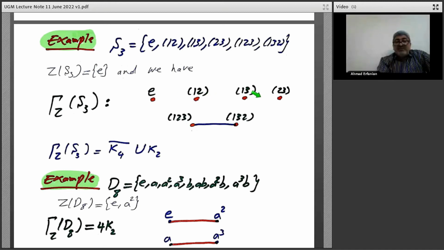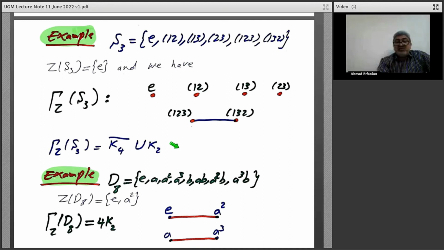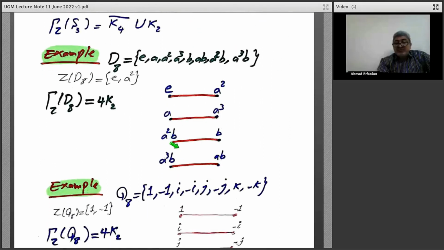We have 4 isolated vertices here, and we have one edge between (1 2 3) and (1 3 2), because (1 3 2) is the inverse of (1 2 3). So (1 2 3) times (1 3 2) is the identity, and it's in the center. So we have 4 isolated vertices and one edge, which is K4 bar union K2.